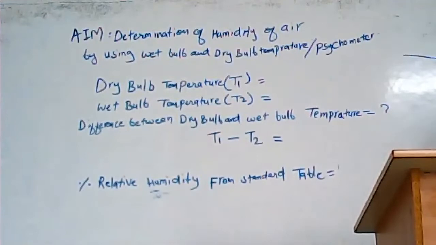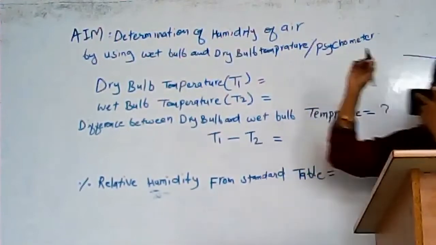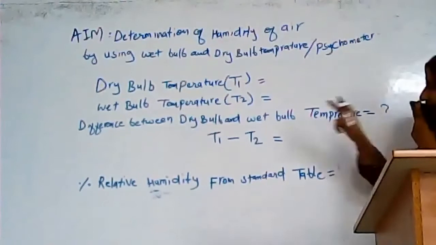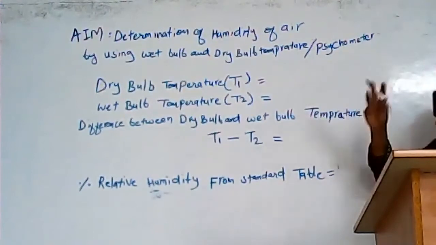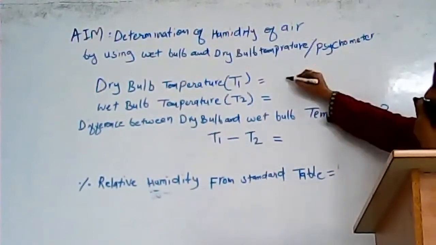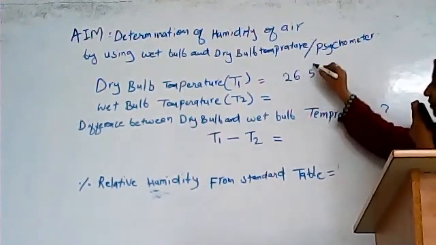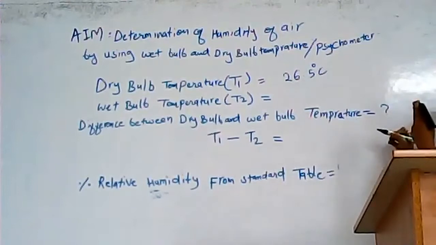First, the average of the dry bulb temperature after 3 readings is 26.5 degrees Celsius.